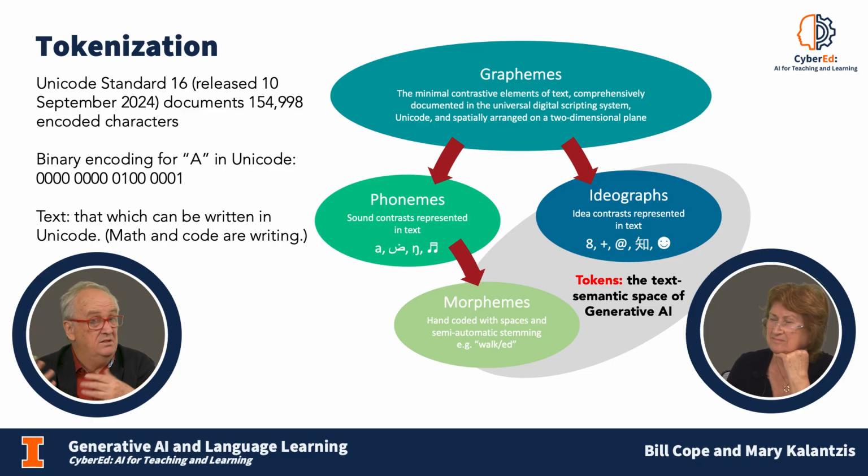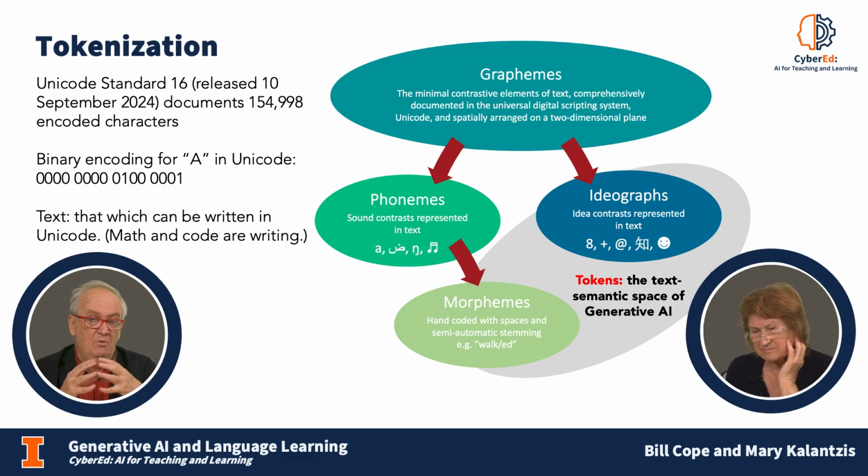What we're going to do computationally is massive anyhow, but now we're going to reduce the number of things we're dealing with from Unicode graphemes to things called tokens, in which we put together a number of letters, and the way in which the machine determines what those clusters of letters are is it looks for frequency.